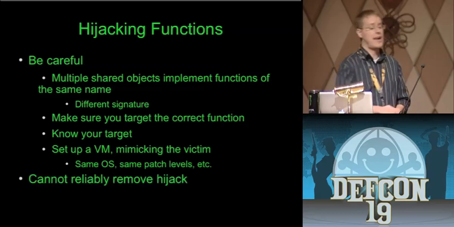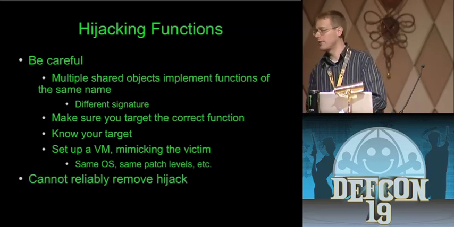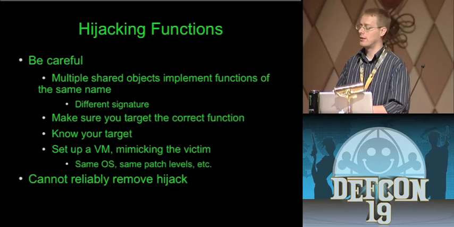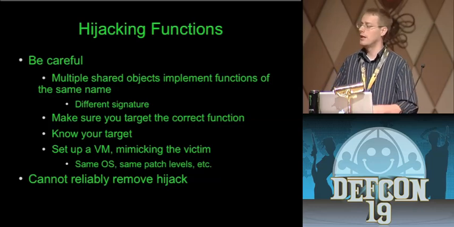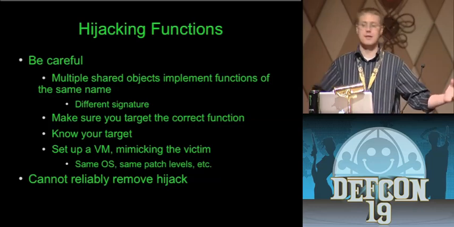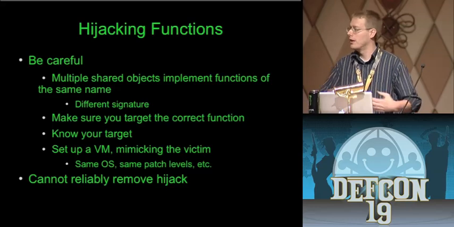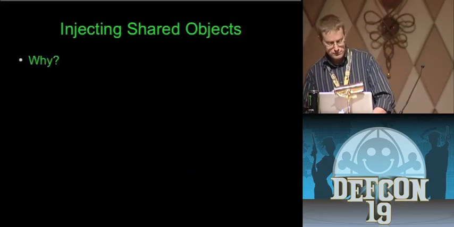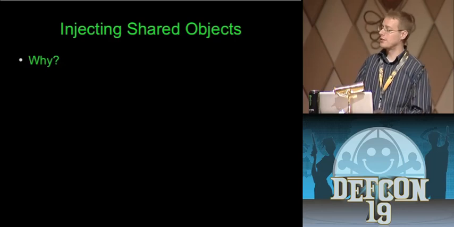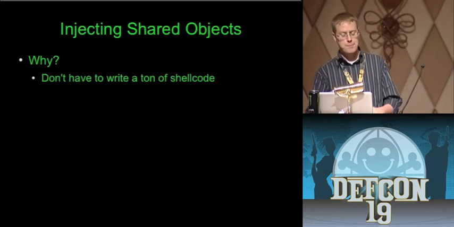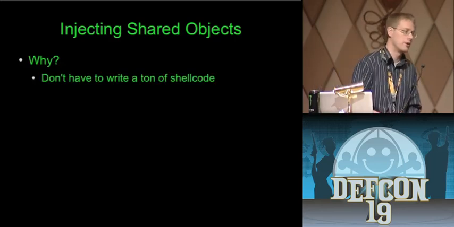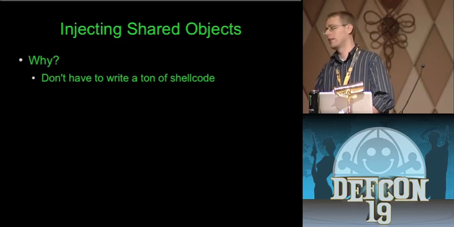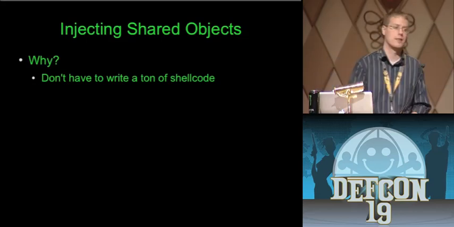Once you hijack, you cannot reliably remove a hijack because of the multiple shared object issue, because libc and libc++ can implement functions of the same name. So we want to be able to inject shared objects. And why do we want to do that? Because we don't want to have to write a ton of shellcode. Assembly is tedious. It is architecture dependent.